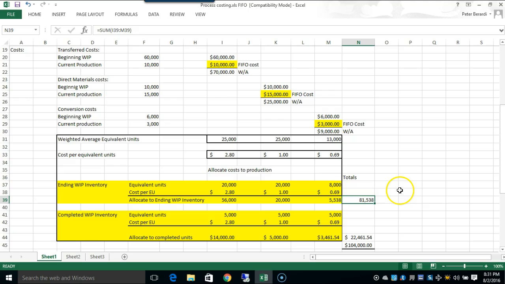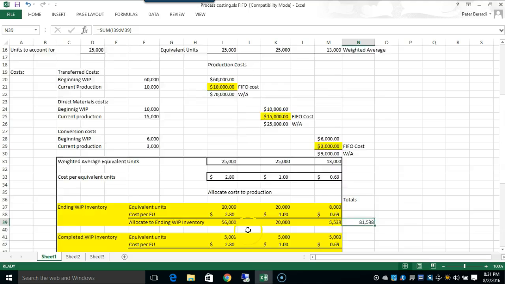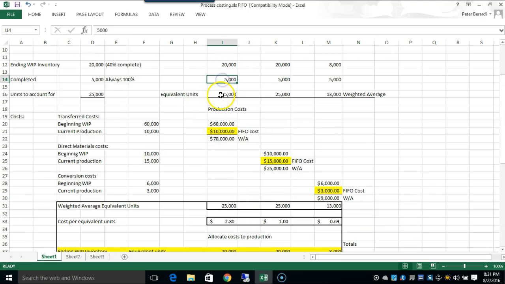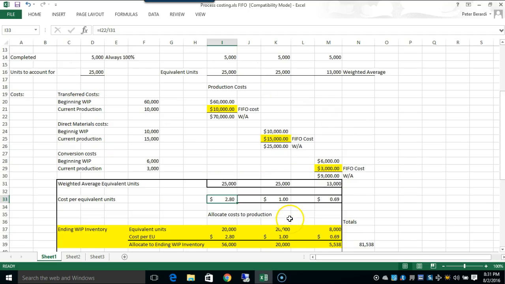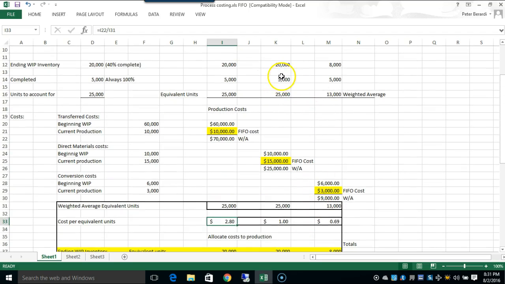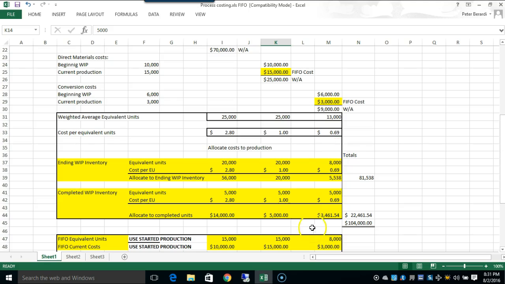Next, completed WIP. Same method, except you're just going to pluck off the 5,000 equivalent units under transferred in and multiply it by the same cost per equivalent unit. Go to your direct materials and you see 5,000 completed equivalent units times the $1 cost per equivalent unit equals 5,000.